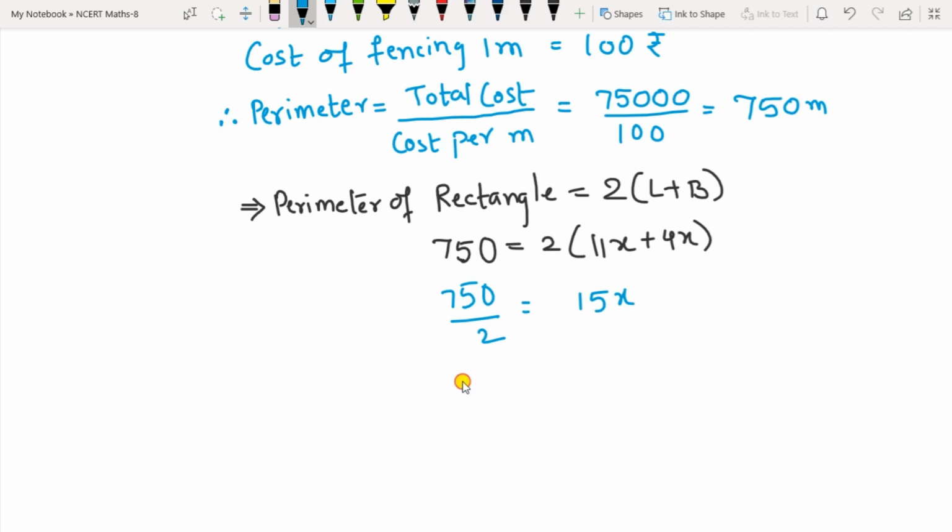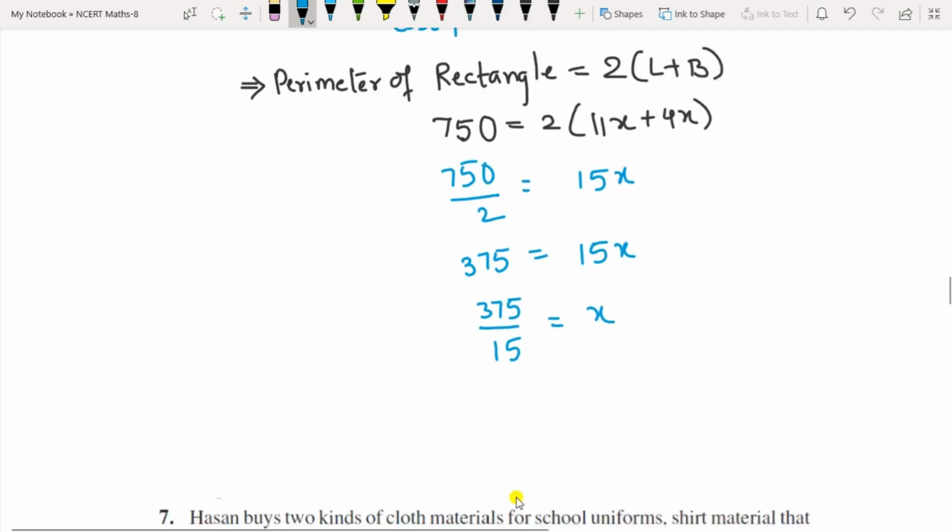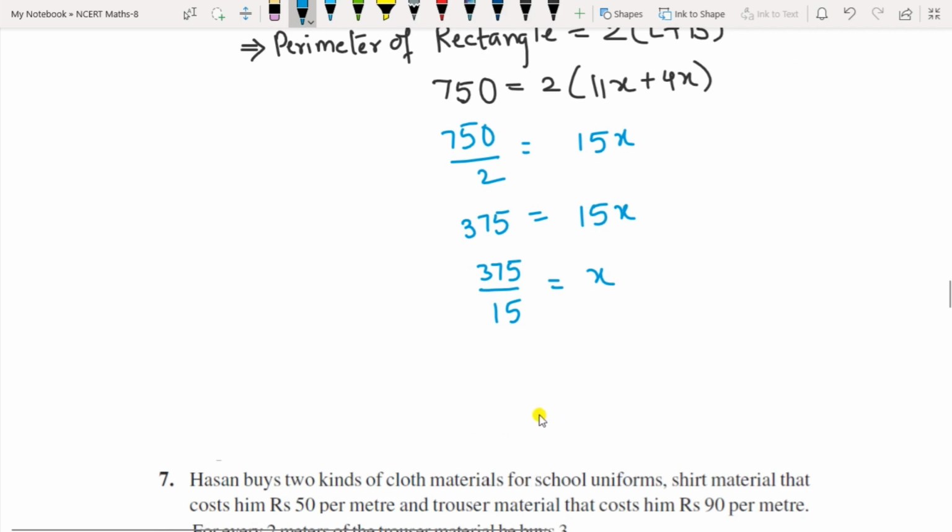On division you will get here 375 equal to 15x. So 375 divided by 15 equal to x. On cancellation you will get x equal to 25.